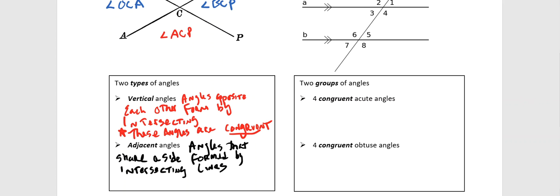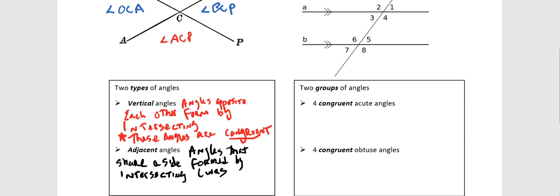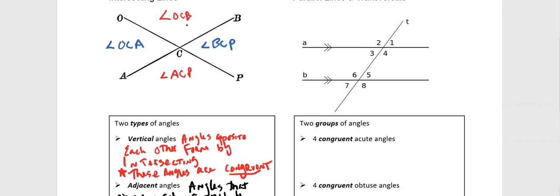So an example of adjacent angles would be one of these red angles along with one of these blue angles together. So for example, angle OCB is adjacent to angle BCP because they share this side right here. They share that side CB with each other.